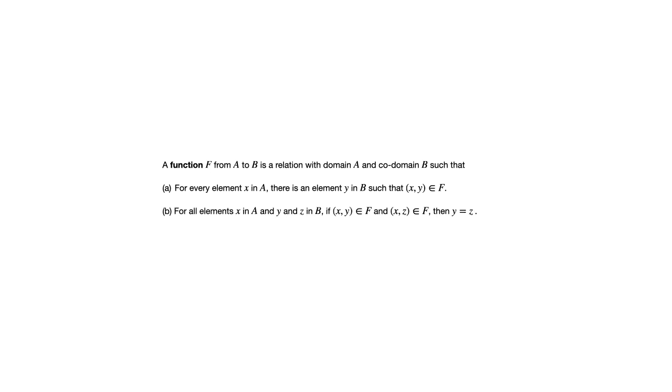The other condition says that for all elements x in the domain and all elements y and z in the codomain, if (x, y) is in f and (x, z) is in f, then y is equal to z. Let me just clarify what that's saying. You cannot have two different ordered pairs with the same first coordinate and different second coordinates. That cannot happen in a function.